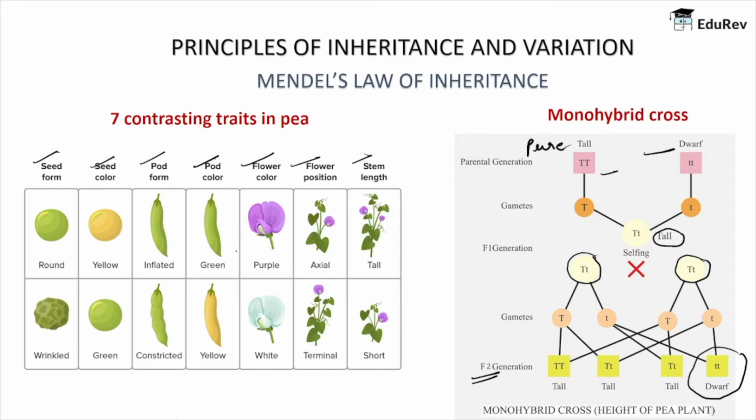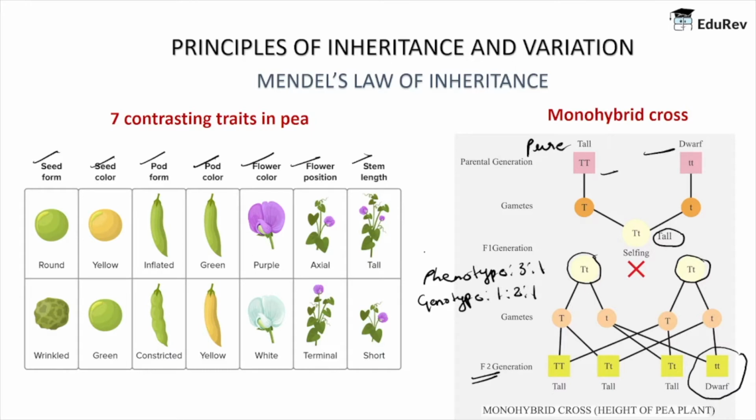The phenotypic ratio was 3:1, and the genotypic ratio that we saw in this case was 1:2:1.